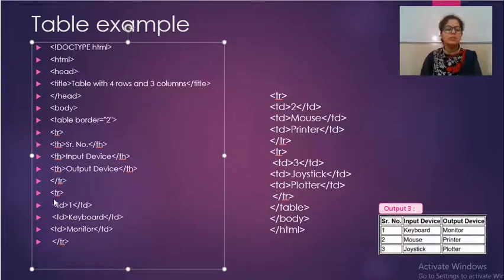So this is the start of the row and this is the first cell, td. 1 is the data that I want to enter in the first cell. This is the end of td, the end of the first cell. Now move to the next cell, again the opening tag of td. This is the content that we want to display, and this is the end of td. Again this is the beginning of the third cell, and I want to display monitor, and this is the end of the third cell.